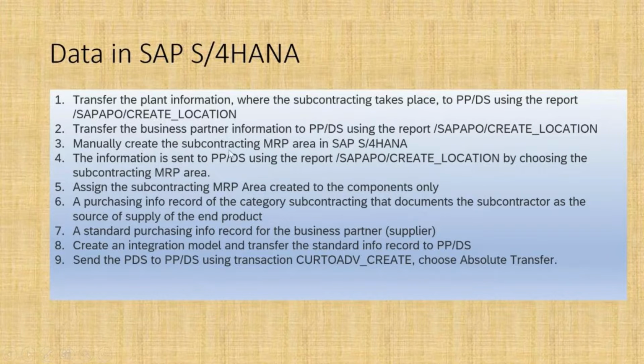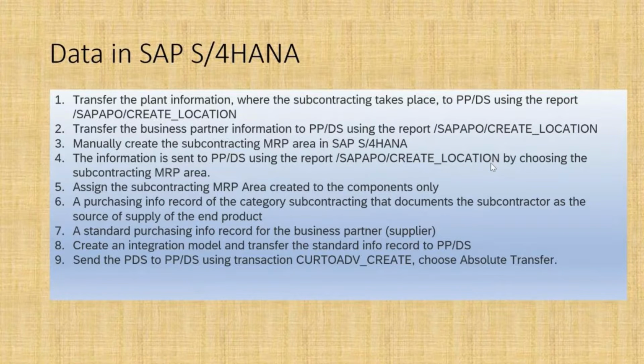You need to create the subcontracting MRP area, without which this will not be possible. Information will be sent to the PPDS using this report. So all this information, like subcontracting partner, business partner, supplier, all of them will be using the same program. Rather, a report, it's a program.